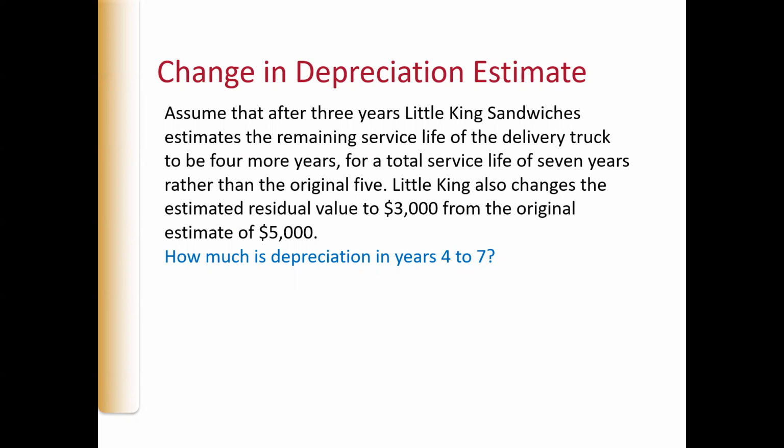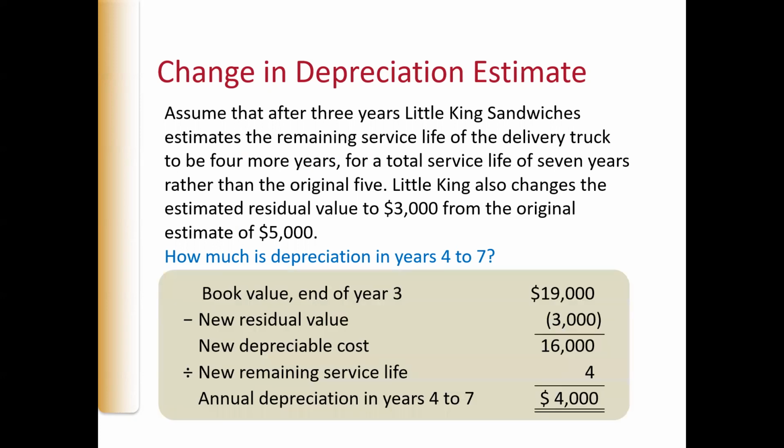Once we make that determination, we don't go back and change anything we've done. We just move forward and change it. So at the end of year 3, the book value of this truck is $19,000. We subtract the new residual value of 3 to come up with the depreciable cost of $16,000.